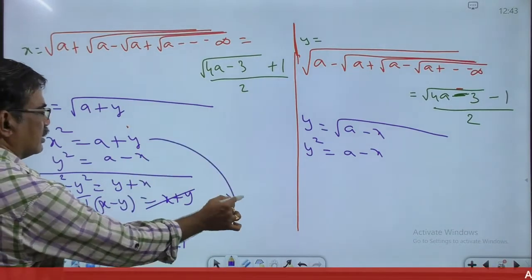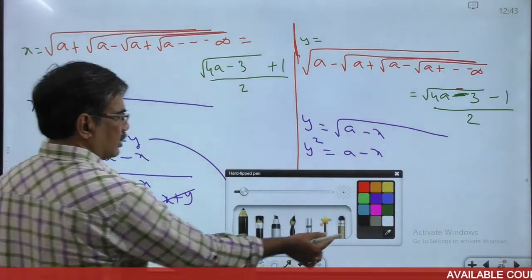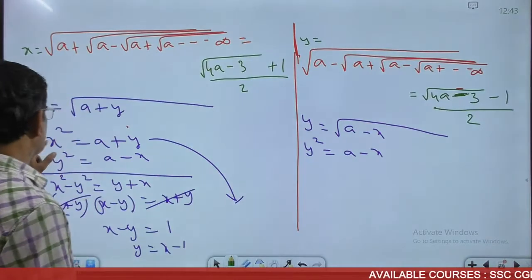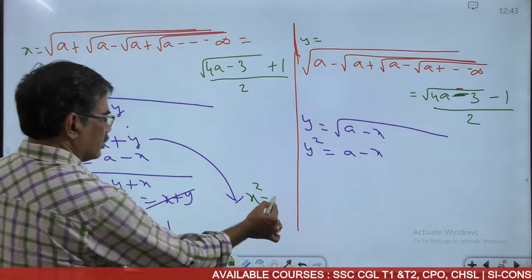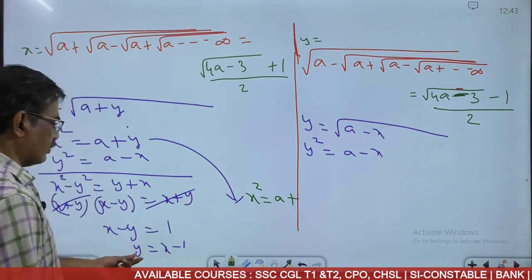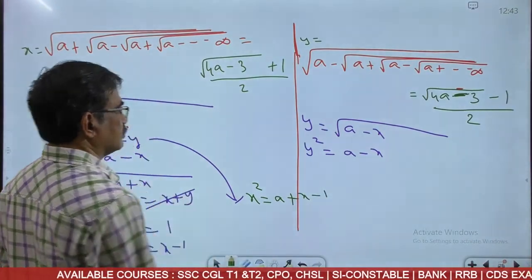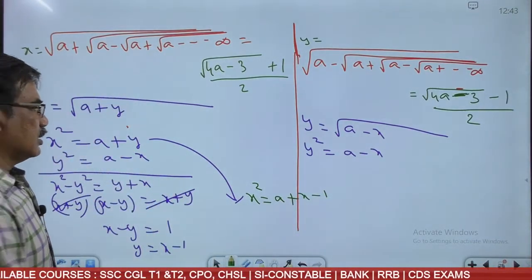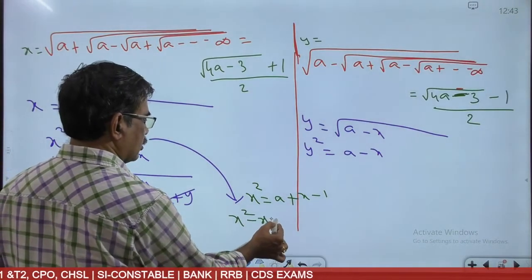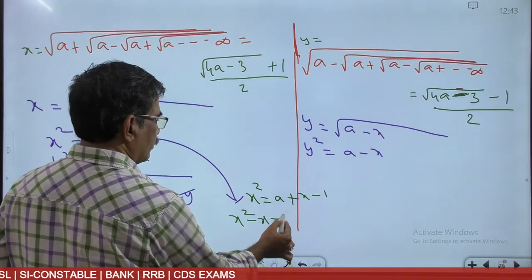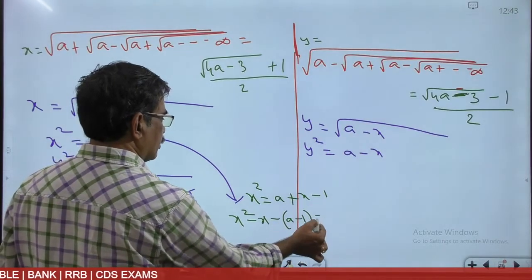Therefore, this can be written as x square is equal to a plus, in the place of y write x minus 1. Then this is a quadratic equation: x square minus x minus (a minus 1) is equal to 0.